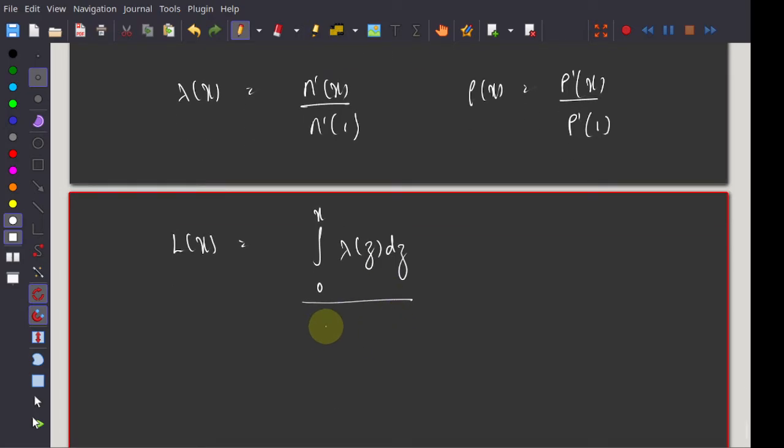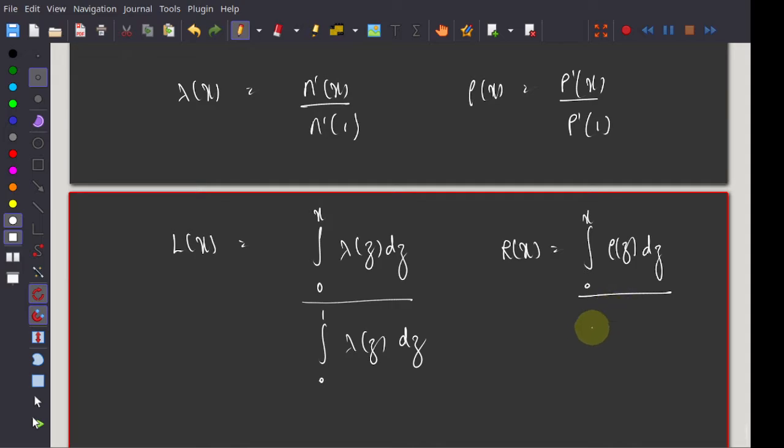So this is divided by the integral from 0 to 1 of lambda of z dz. Easy. And similarly, R of x is the integral of rho of z dz divided by the integral from 0 to 1.